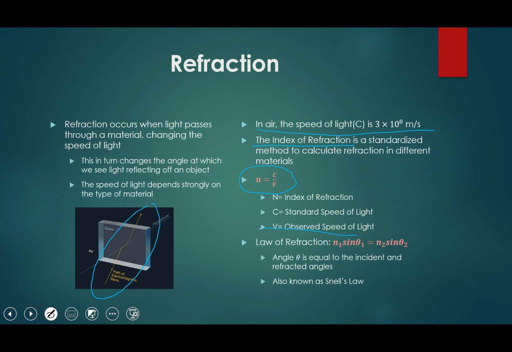Using this equation for the law of refraction, which is also called Snell's law, you're going to need to know several different pieces of information, including N1, which is the index of refraction for the medium that the light is first coming from, N2, which is the index of refraction for the medium that the light is going into, as well as theta 1, which is the incident angle, and theta 2, which is going to be the refracted angle.